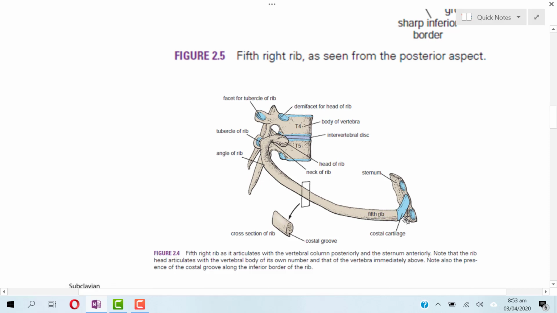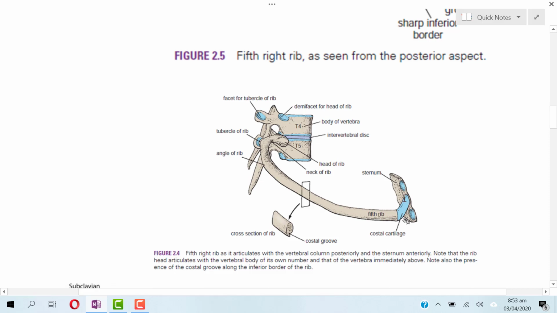This is the costochondral joint. I have told before also that the first costochondral joint is primary cartilaginous, otherwise second to seventh are synovial. Costo for rib and chondral is for the cartilage. So there will be a primary cartilaginous joint for the first rib, and then what happens?